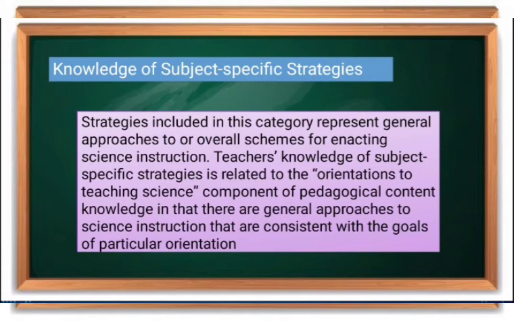The learning cycle has been used for discovery and inquiry-oriented instruction, as well as conceptual change-oriented instruction. Teachers' knowledge of subject-specific strategies for science teaching consists of the ability to describe and demonstrate a strategy and its phases.